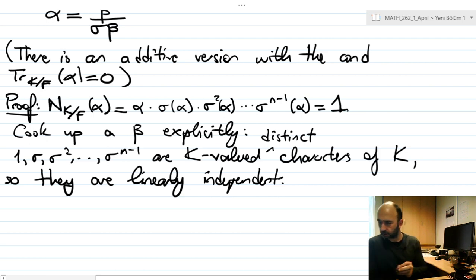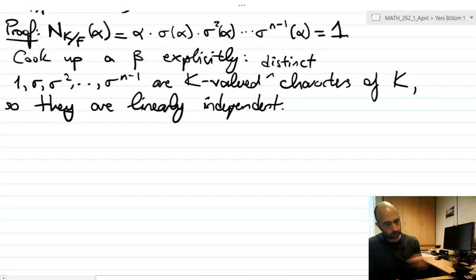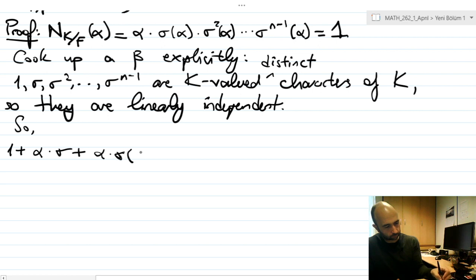Okay, now in particular, the following thing cannot be 0. We'll use this in a very specific way. I'm writing a very specific linear combination of these characters now. Each time we're introducing one more piece to the coefficient.